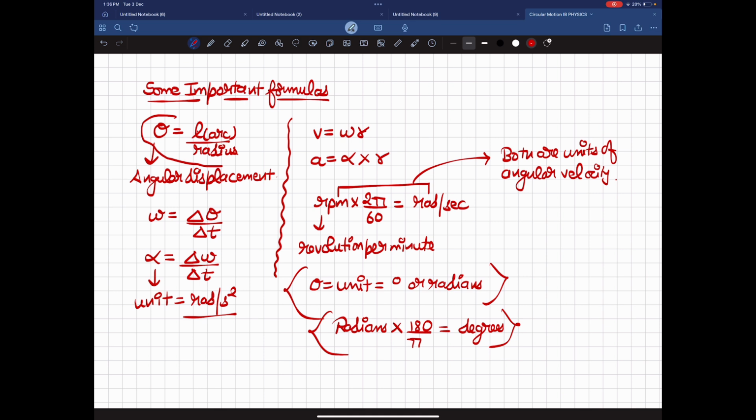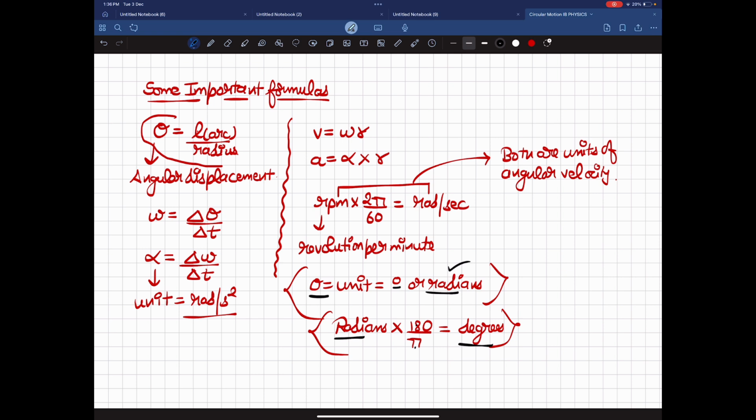And what is theta? It is angular displacement. What is angular displacement's unit? Unit is degrees or radians. Majority of the times in your questions, they will give you in radians. So just make sure to convert radians into degrees if you're doing any other calculations. Alright. So radians into 180 by pi is degrees.